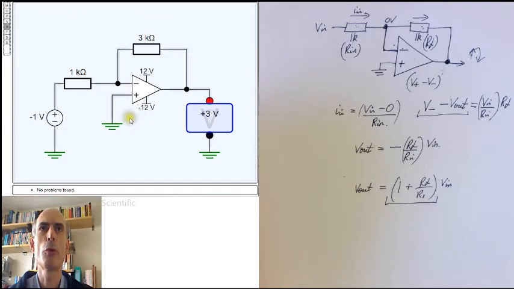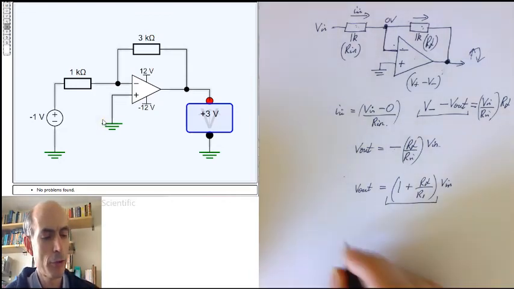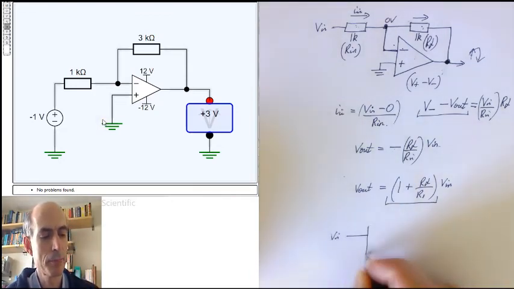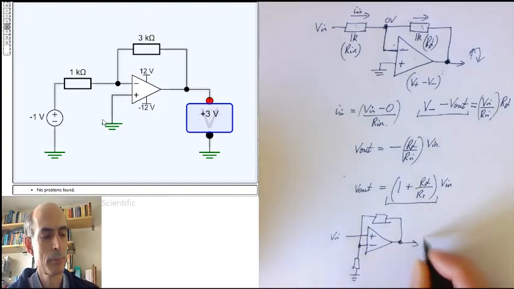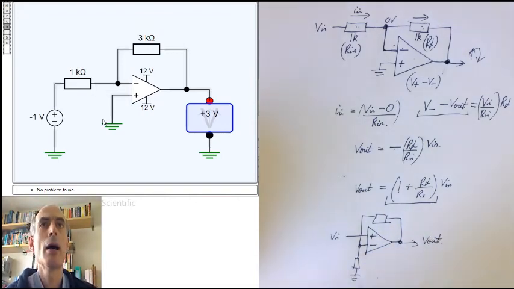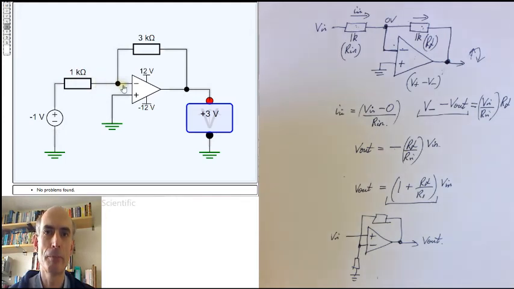One important point to note about this circuit is that, unlike the non-inverting amplifier, which looked like this, an inverting amplifier requires some current to flow out of its source. So it is loading its source in the sense that it requires current to flow.